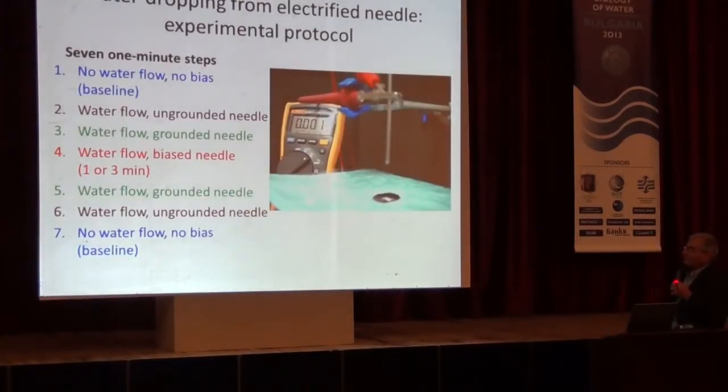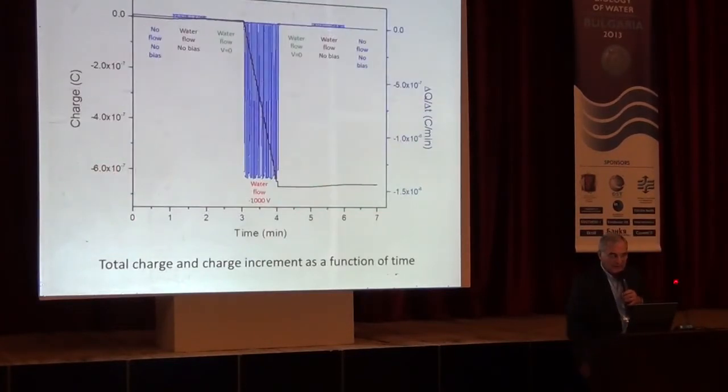This is done in 7 steps. Symmetrical: no flow, no bias; flow, ungrounded needle; flow, grounded needle; flow, biased needle; and the same but in reverse order.